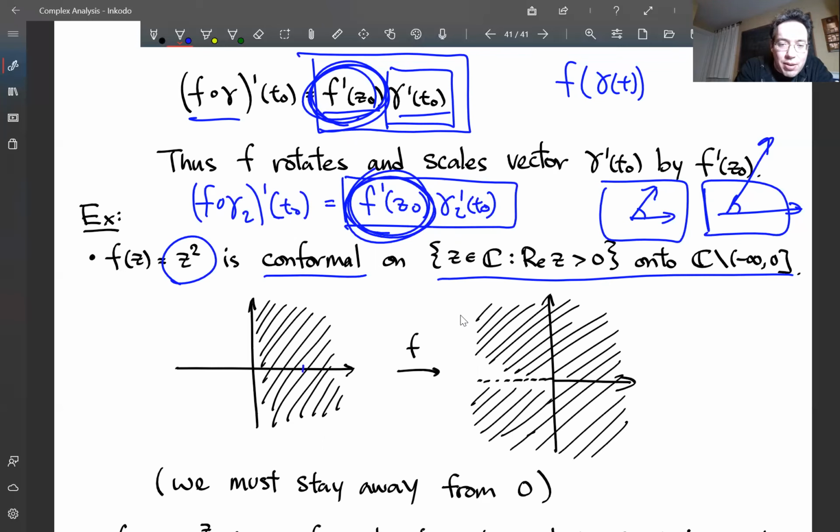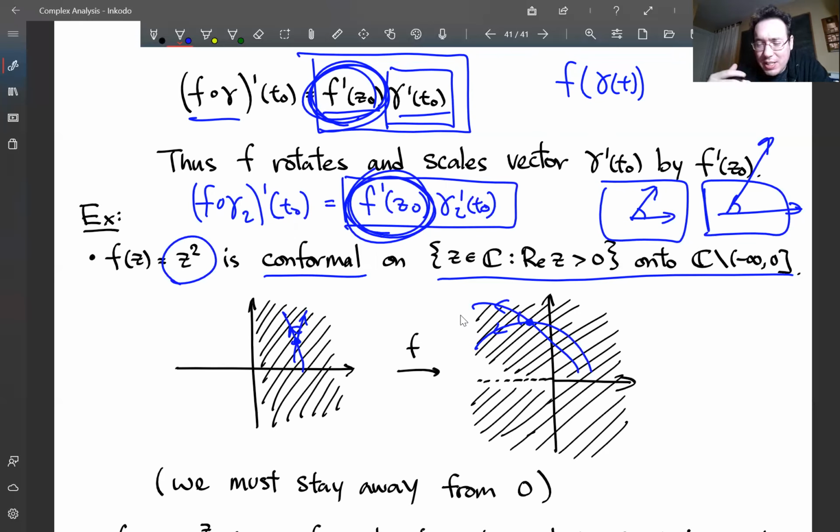If you have any curves, they're going to be stretched and deformed, but the angle at that point does not change before and after.